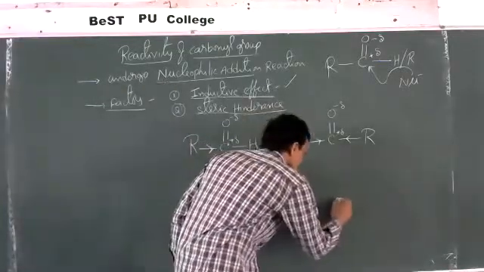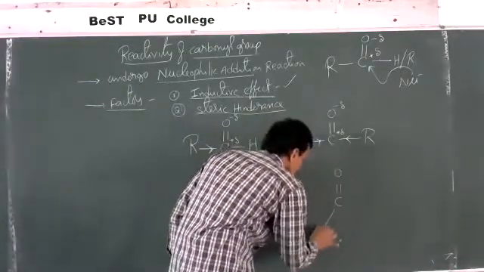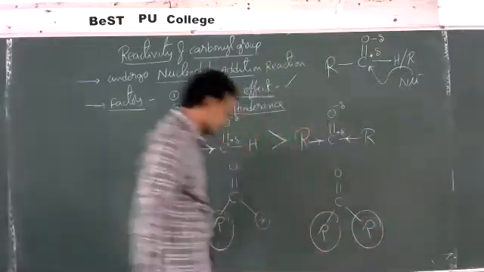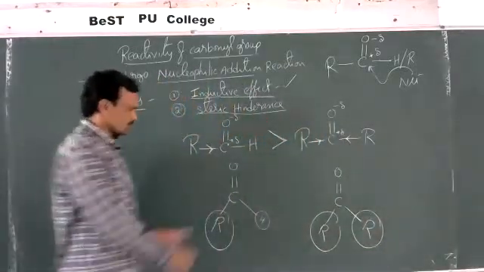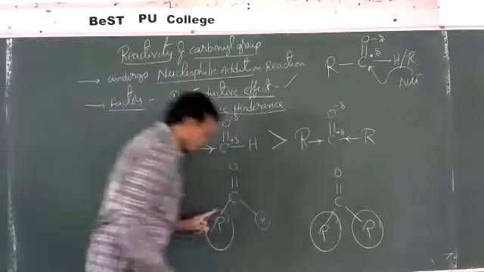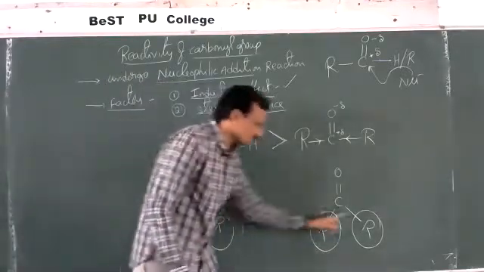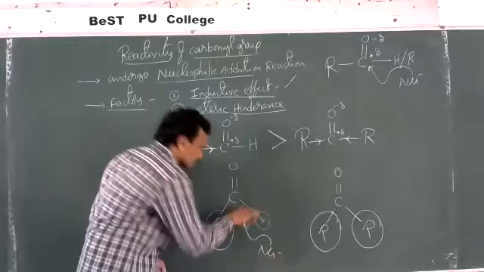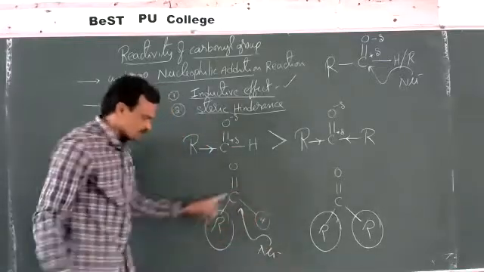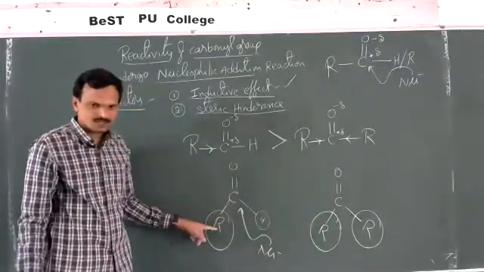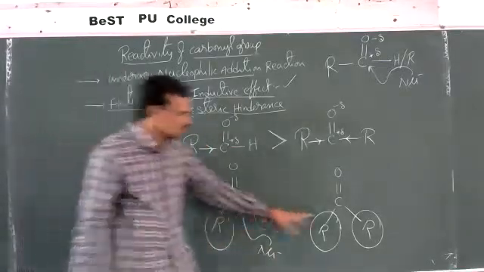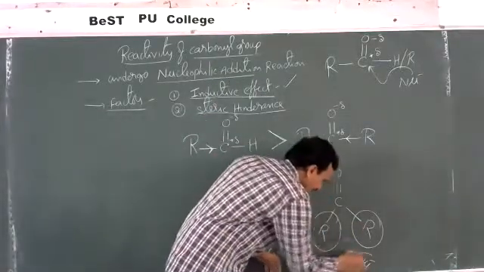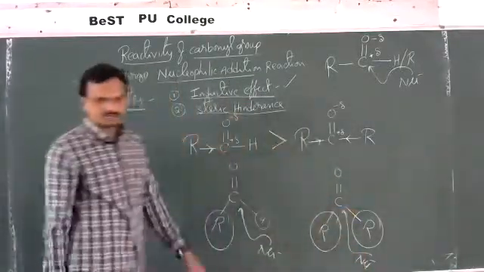In ketones, here R, here also R. Now, if you compare, here only one alkyl group is there, here two alkyl groups are there. Now, the nucleophile can attack here easily because bulkiness is less. Here large groups are less. Here two large alkyl groups are there. So here the nucleophile cannot attack this carbon easily. It is difficult.